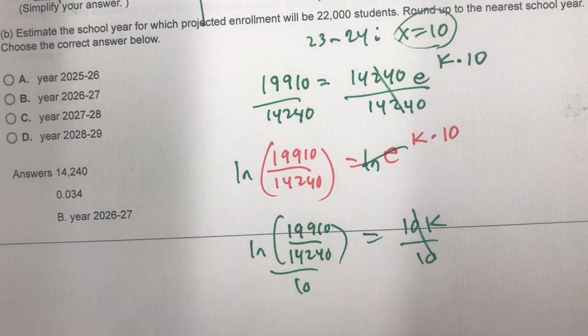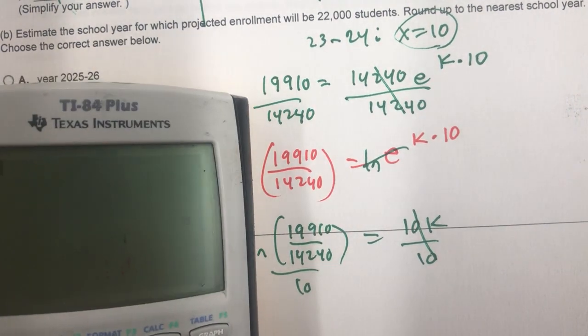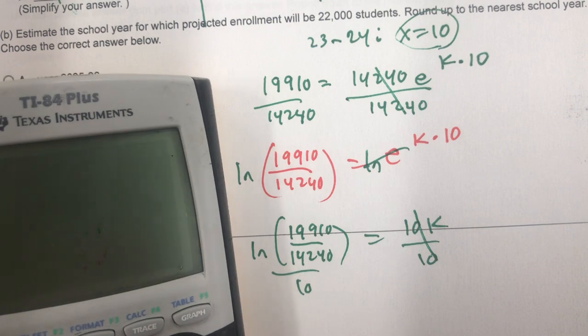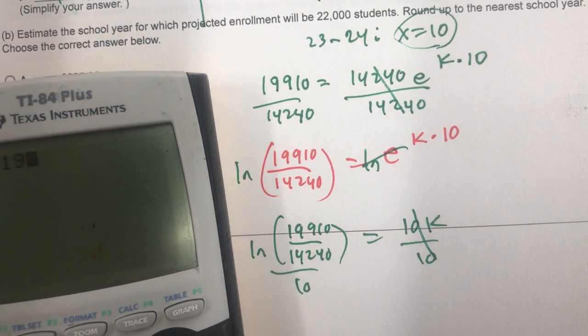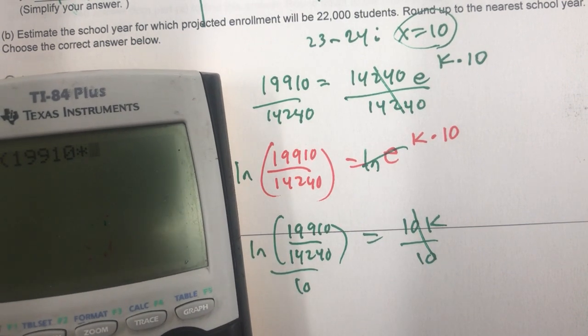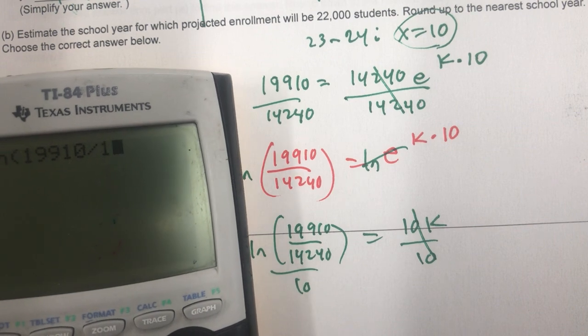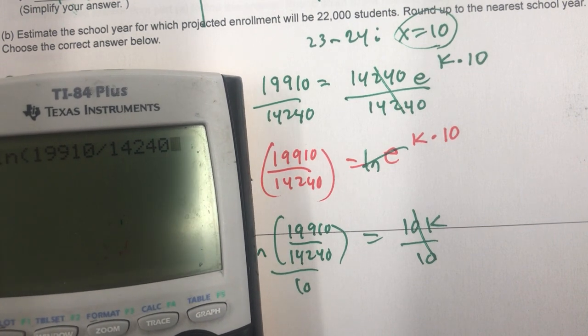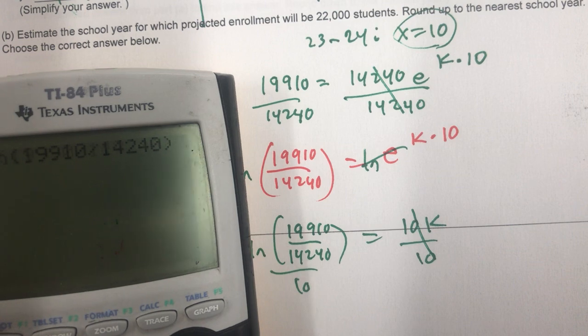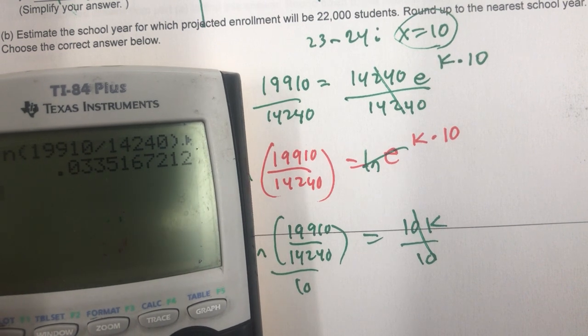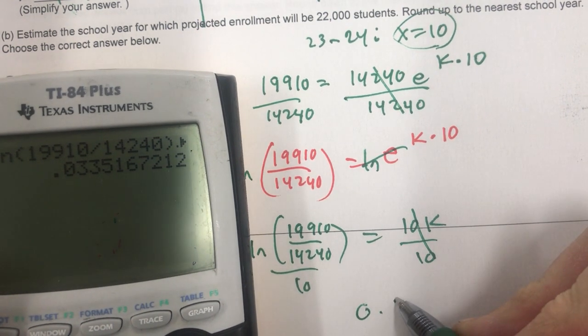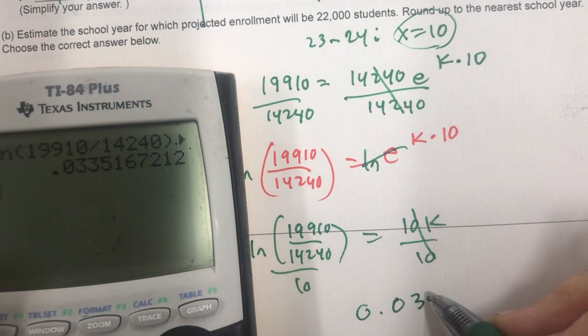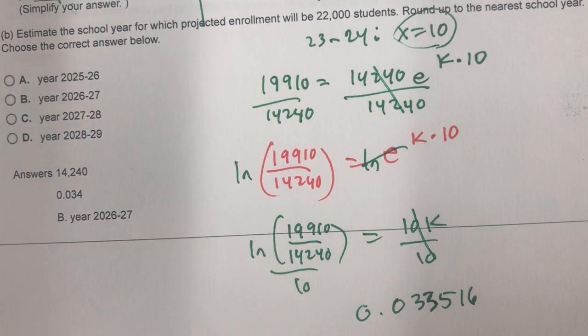So I'm going to type it in. I'm going to type in here natural log, and I'm doing 19,910 divided by 14,240, and I'm going to divide again by 10. And I get 0.033516.